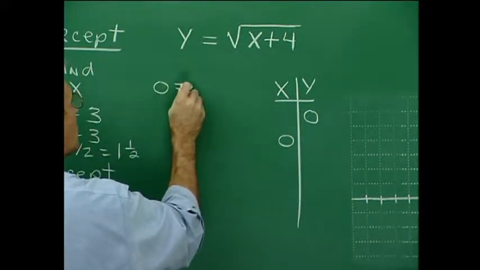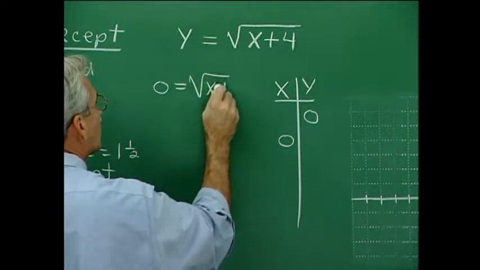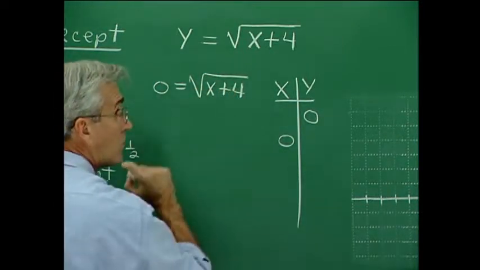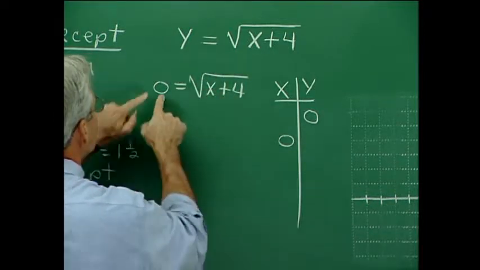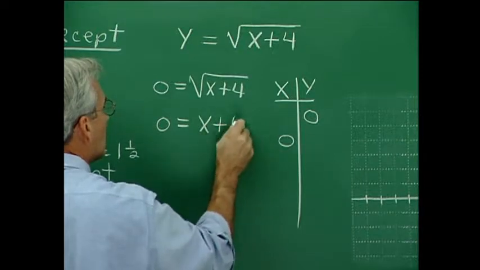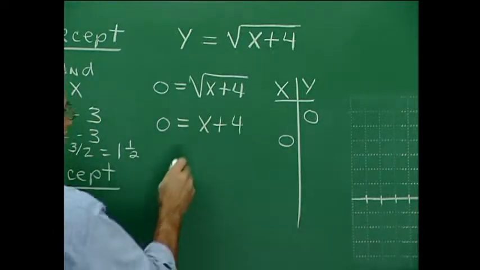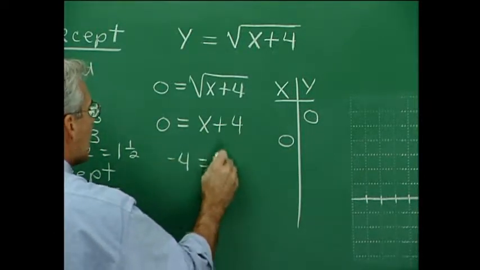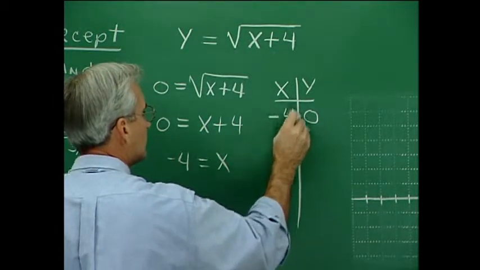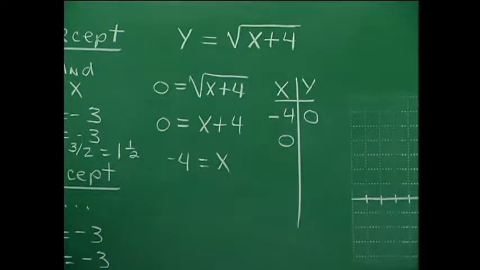We have 0 equals the square root of x plus 4. Now we have to solve this. Well, let's see, squaring on both sides will undo this radical. When we square over here, we get 0. When we square on the right, we get x plus 4. Subtracting 4 on both sides, we find negative 4 is equal to x. So when y is 0, x is negative 4, our x-intercept.